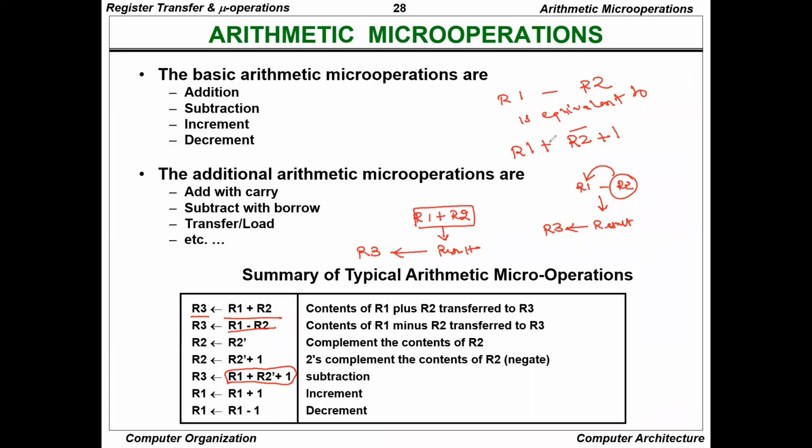सो इसका मतलब क्या है, अगर आप R1 माइनस R2 करना चाहते हैं and your system only has adder, then you can implement R1 minus R2 with the help of this operation. So that is R1 plus the complement of R2 plus 1. ठीक है.